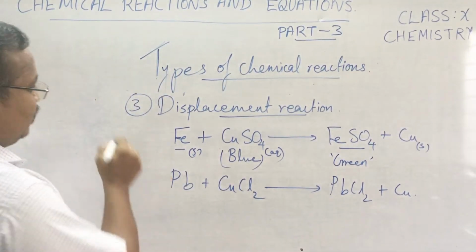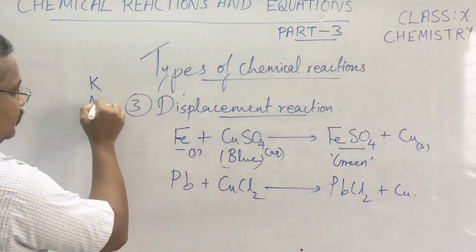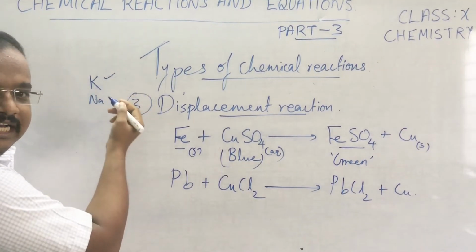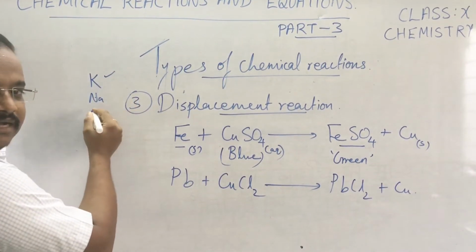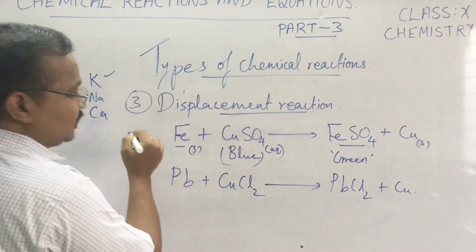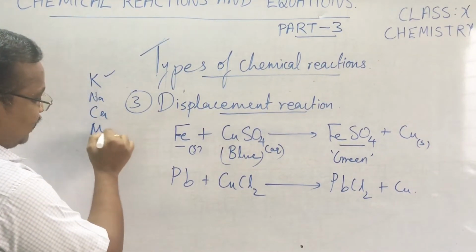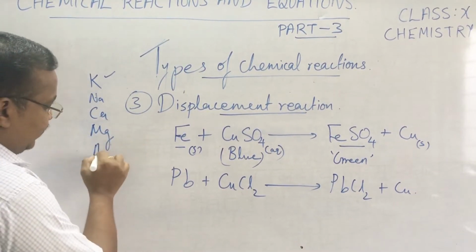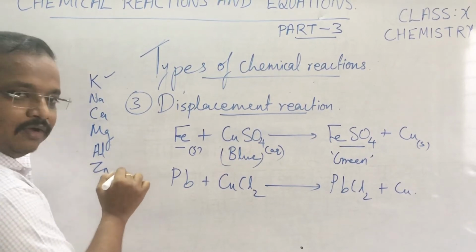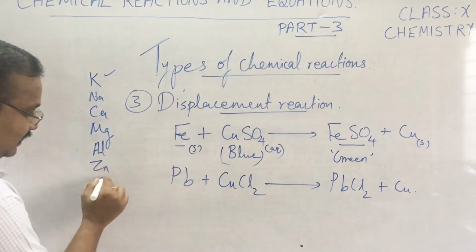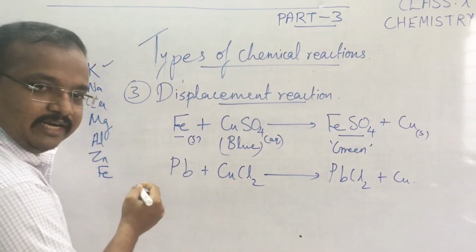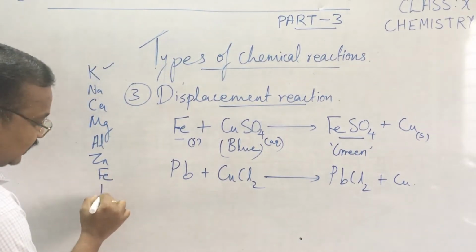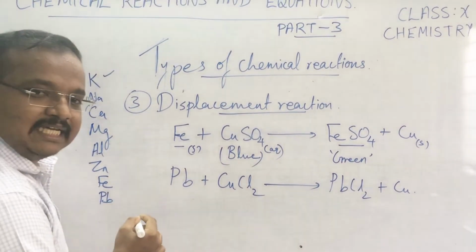I will just write down potassium, sodium. Potassium is the most highly reactive metal. Then sodium comes. Then we have calcium. After calcium we can write magnesium. Then aluminum comes. Then zinc, which you have studied. Then Fe, iron or ferrous. Then Pb, lead.